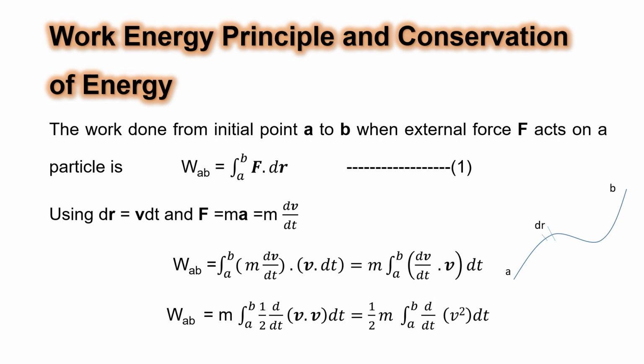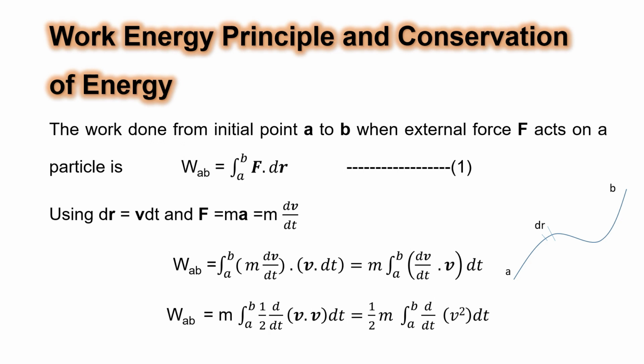We know that s is equal to vt, as there is a small patch displacement. So for the small displacement, dr is equal to v dt, the same as s equals vt.